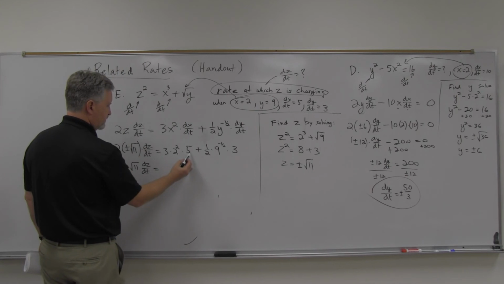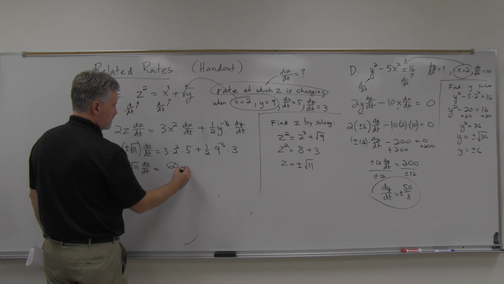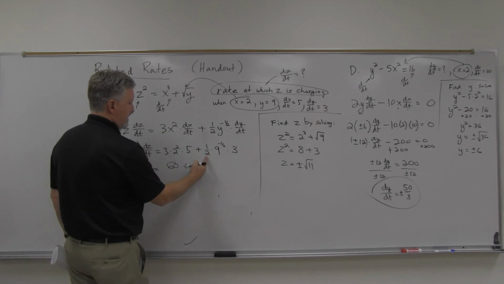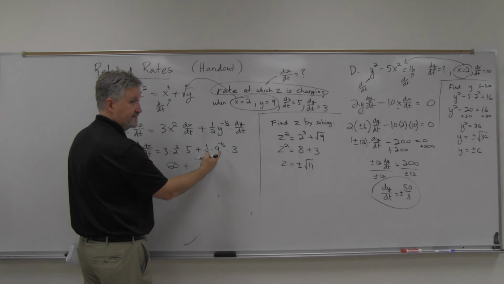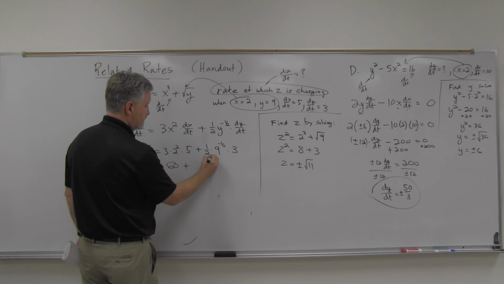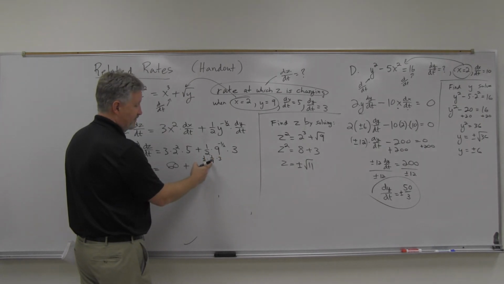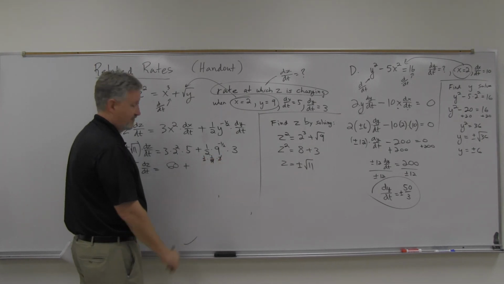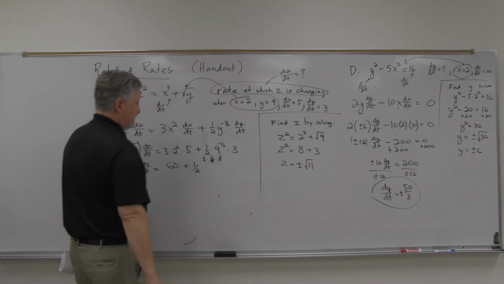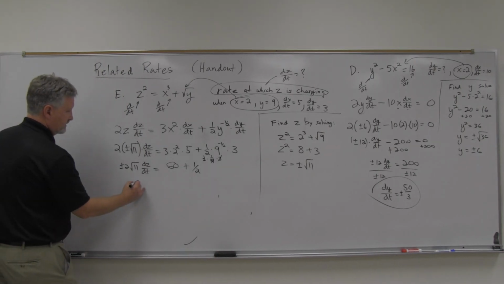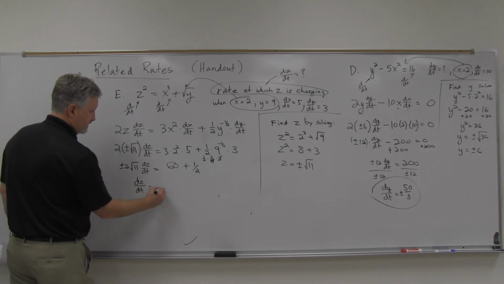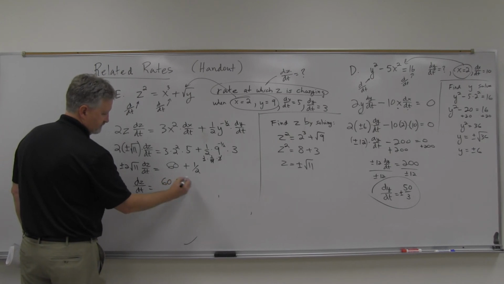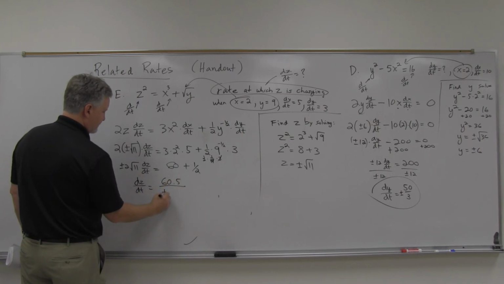This would be 3 times 4 times 5, that's 60, plus, that's a half, 9 to the negative 1/2 is a third, because it's 1 over the square root of 9. So that's 1/3 times 3/2, so this is just a half, 0.5. So let's say dz over dt equals 60.5 divided by plus or minus 2 square root of 11.